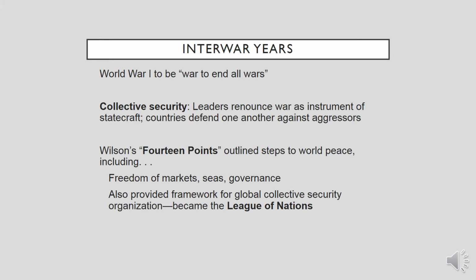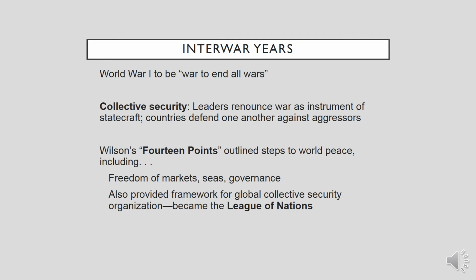And World War I was intended to be the war to end all wars. And President Wilson led the effort to build the League of Nations, another internationalist stance by the United States. This was a collective security organization. Nation states would ally with one another in order to keep wars of this scale from happening again.